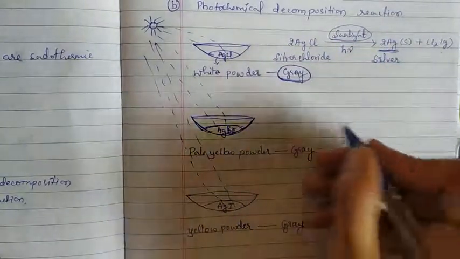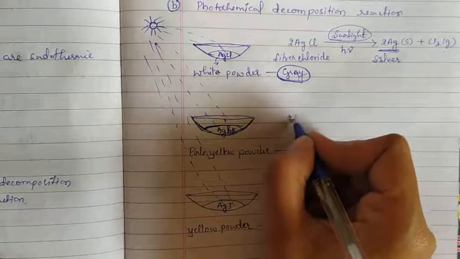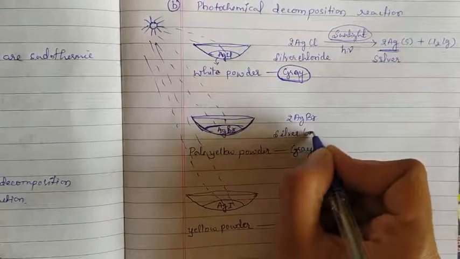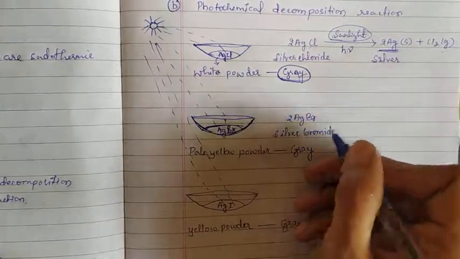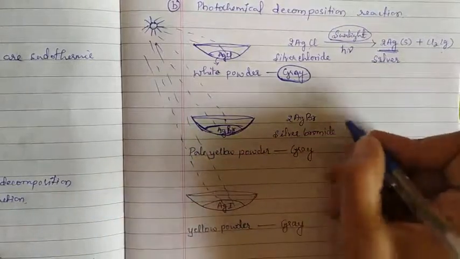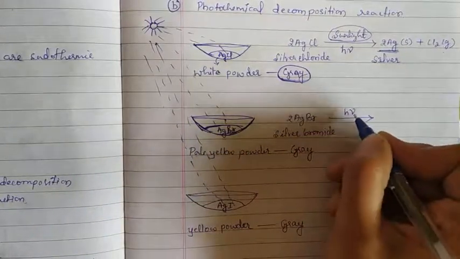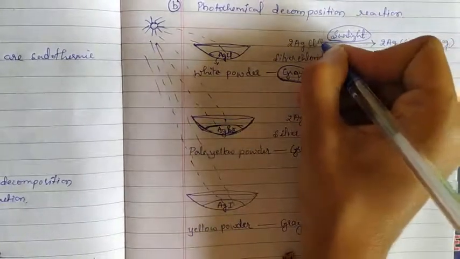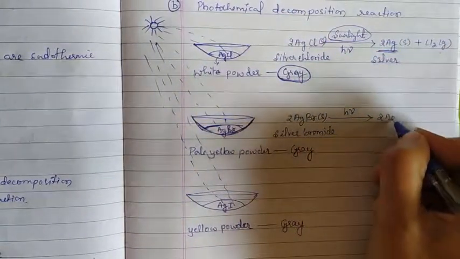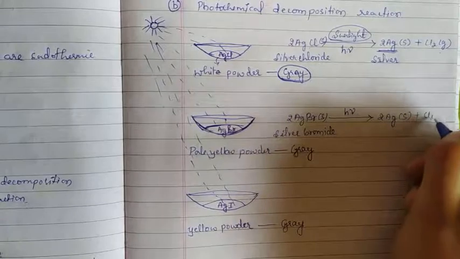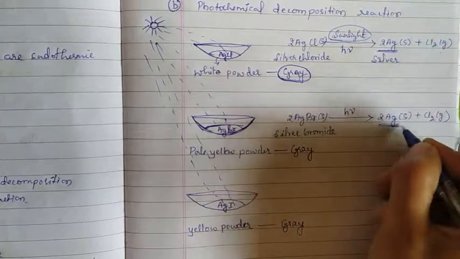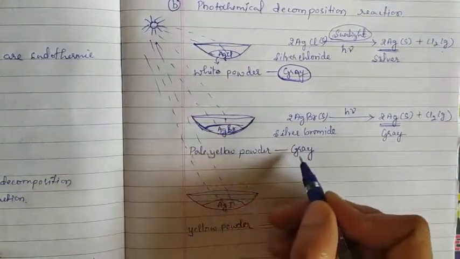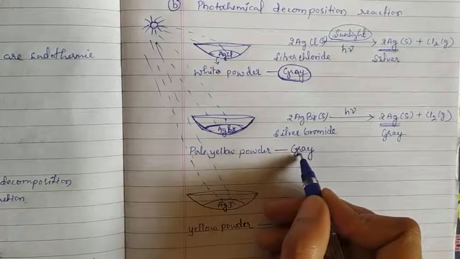Okay, now we will write the chemical equation for this one. Here silver bromide, actually it is a pale yellow powder. When it is exposed to sunlight, it absorbs the light energy and decomposes into silver and bromine gas. Again this silver is gray in color, therefore when silver bromide is exposed to sunlight, the pale yellow powder changes into gray color.